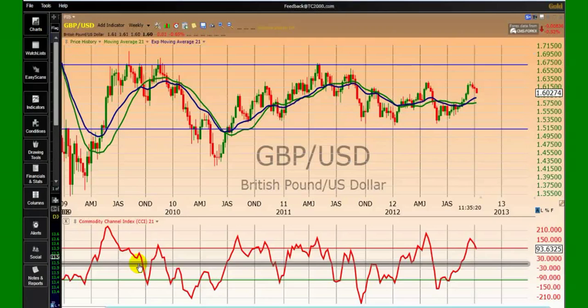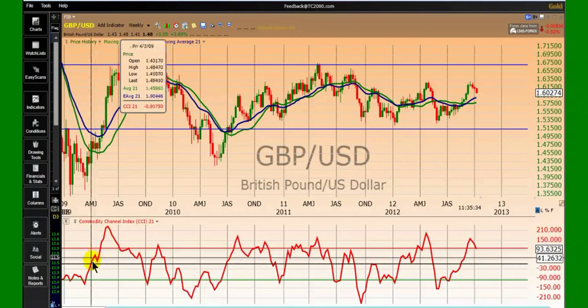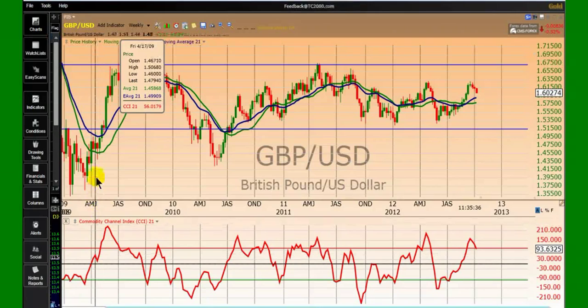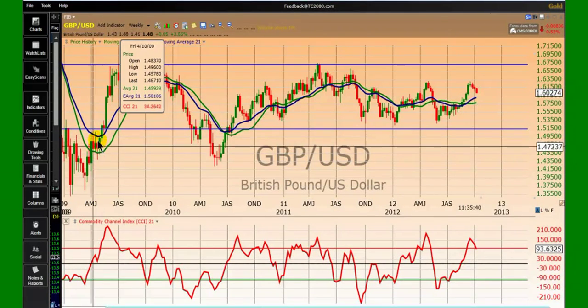Whenever we see that the CCI, you can see here the CCI 21 was near the zero line here, it's telling me that the price is also near the simple moving average 21. Pay attention to my vertical line. You see here the CCI is near the zero line. At the same time, the price is near the green line, which is the simple moving average 21.